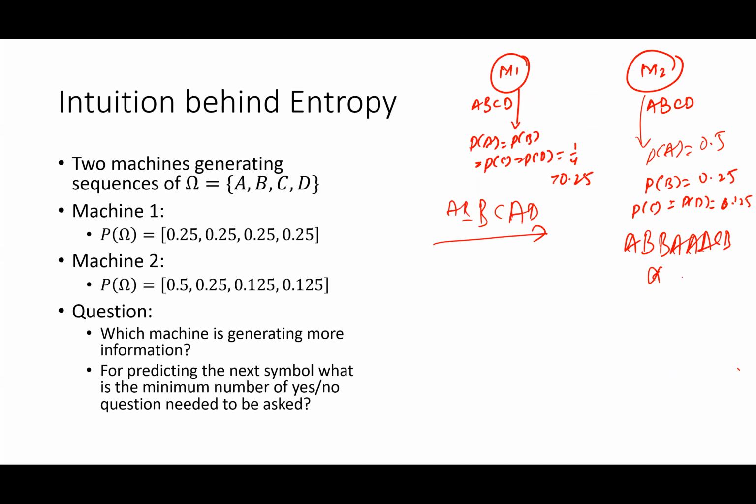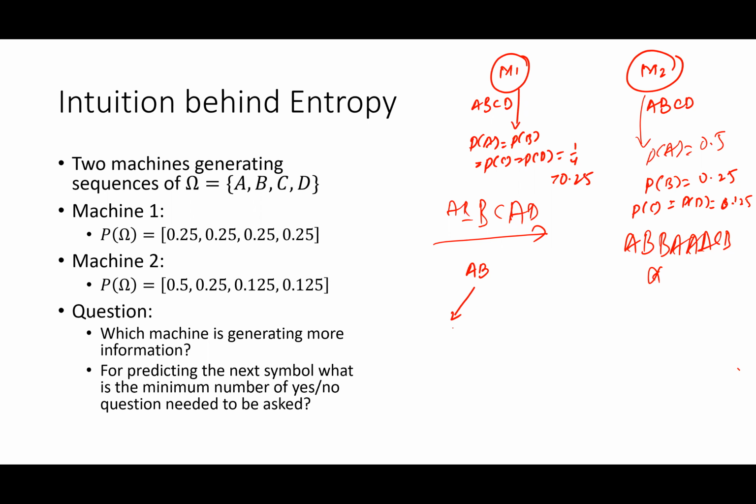Fine. So let us take the example of machine number 1. To predict the next symbol this machine is generating, we might ask the question, is it A or B? This might be the first question.